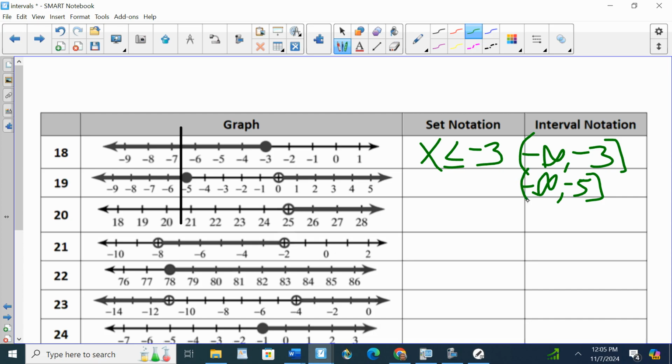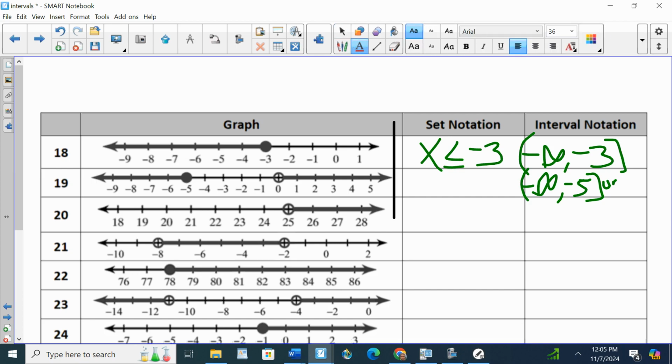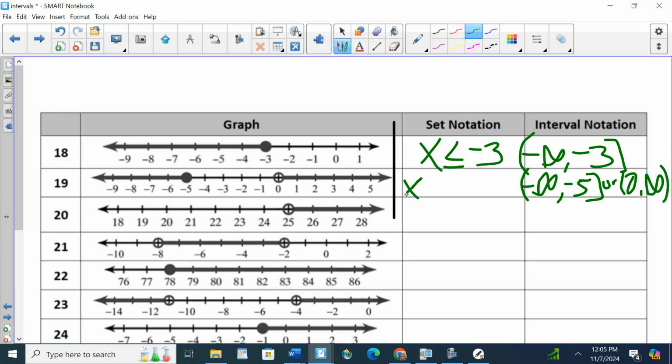But I got another piece, so I'm going to write or, and then I'm going to continue 0 to infinity. 0 is open. In set notation, since for each of them they have infinity, x comes first. X is less than or equal to negative 5. Or, again, since there's an infinity, x comes first. X is greater than 0.